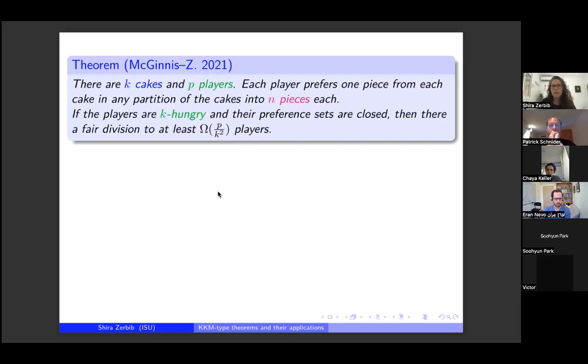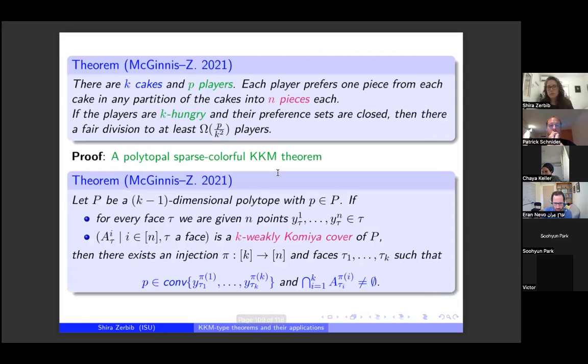And this follows, as before, from a polytopic sparse colorful KKM theorem that we proved with Daniel that generalizes the colorful Komiya theorem. So it is what you expect it to be.